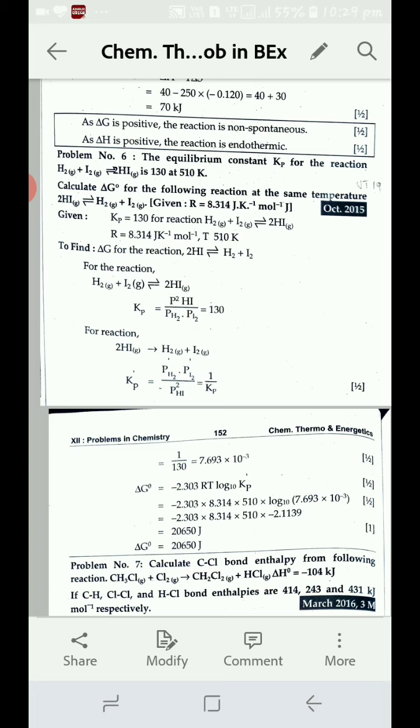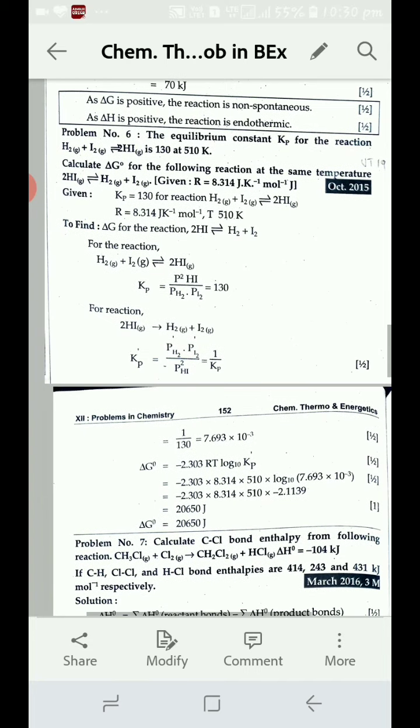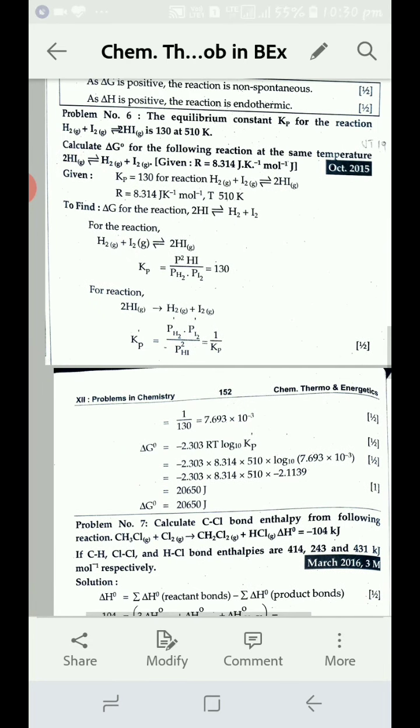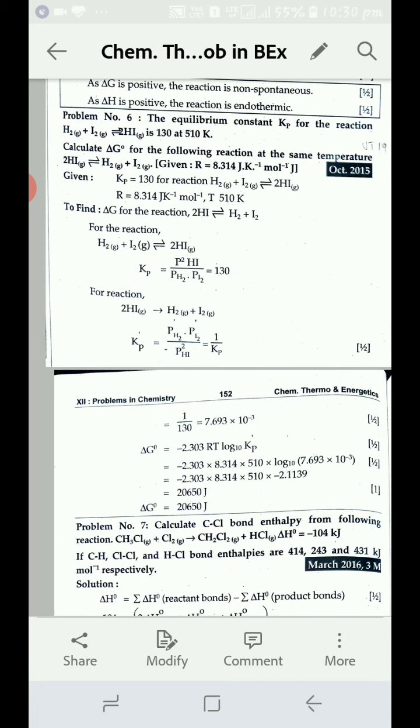So remember that if you have to calculate the enthalpy of a reaction by using enthalpies of different bonds, then the formula is: enthalpy of the reaction is equal to summation of enthalpy of reactant bonds minus summation of enthalpy of product bonds.